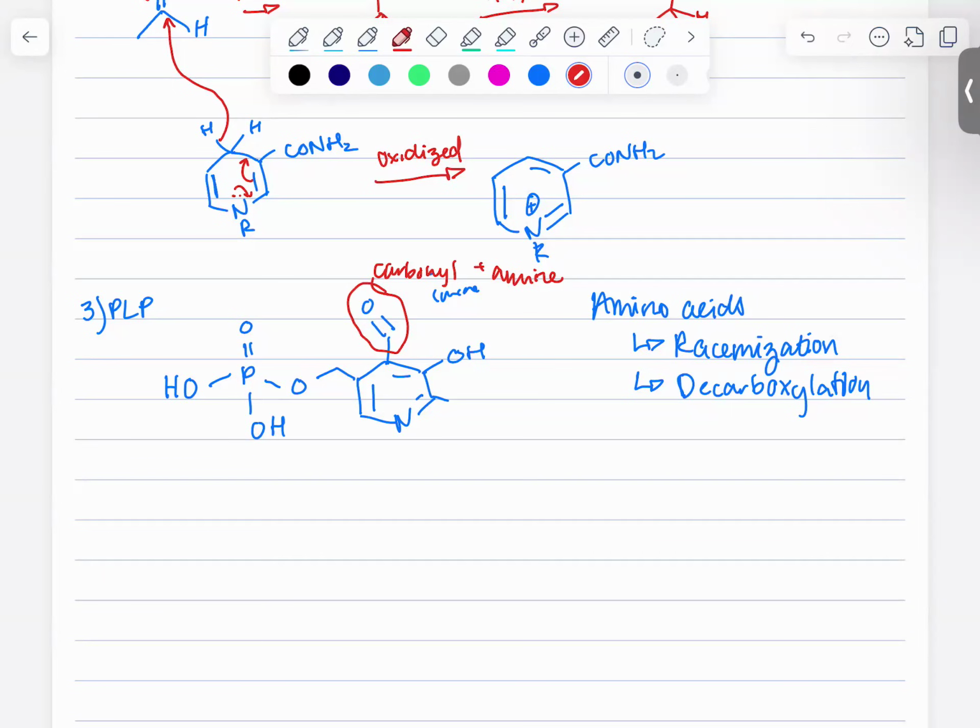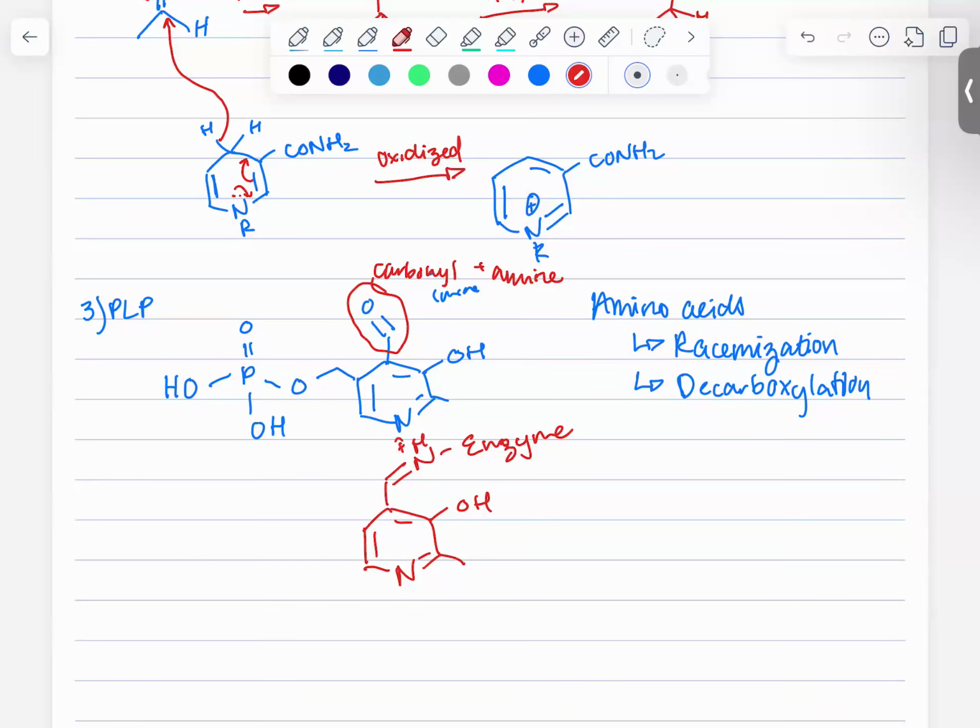Instead, it will already have undergone imine formation with the enzyme, where now, instead of that carbonyl group, we will have an imine bonded to the enzyme or the protein.